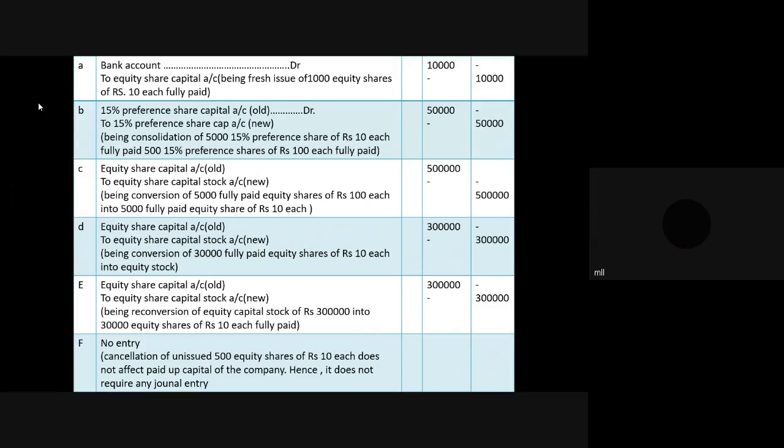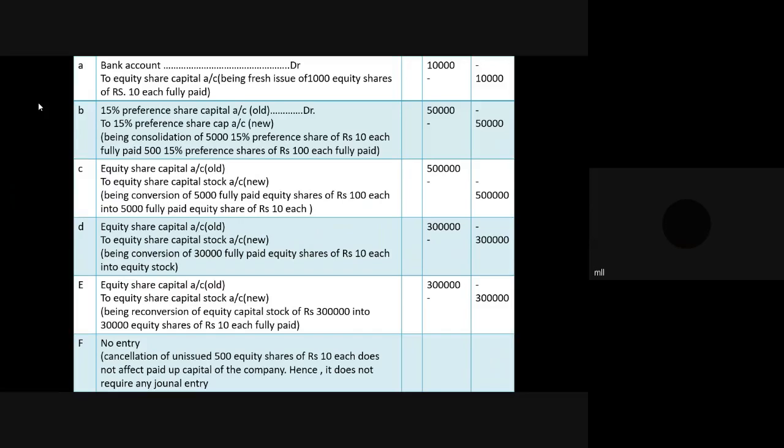Next entry, that is the third question. The company has subdivided the fully paid 5,000 equity shares of rupees 100 each into 50,000 fully paid equity shares of rupees 10.